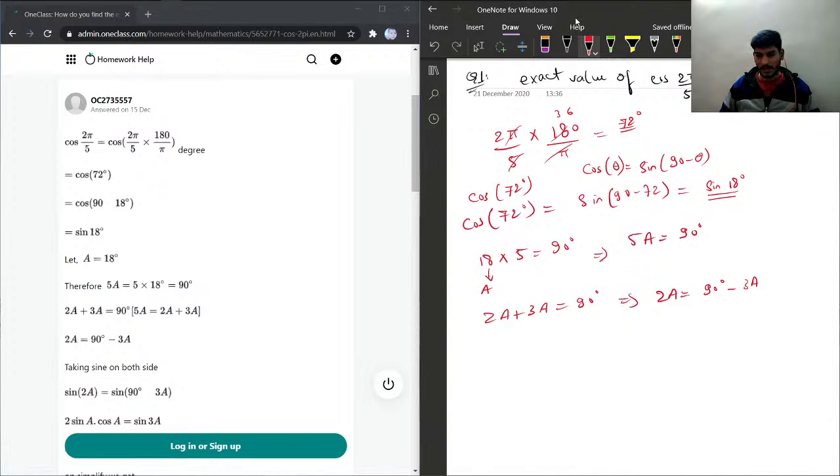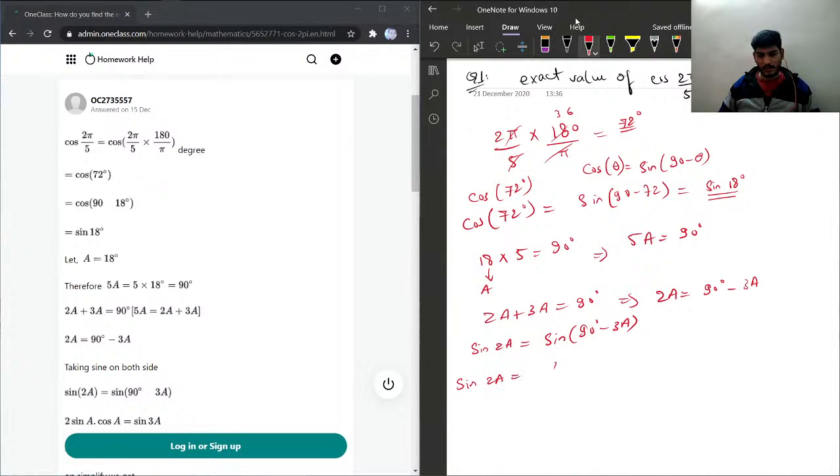Then I'll just multiply both the sides with sine. This will become sine 2A equals sine of 90 minus 3A. So I'll just expand this using the identity.